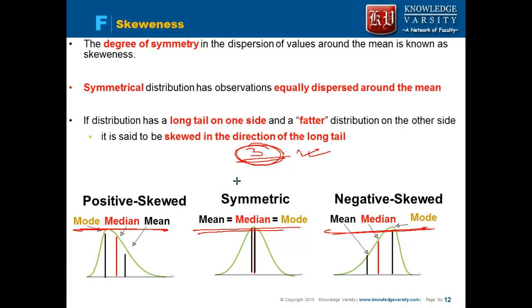Then you see that this is a long tail and this is a fatter tail. In a positively skewed distribution, the long tail is on the right side of the mean. In a negatively skewed distribution, the long tail is on the left side of the mean, and the fat tail is on the right side of the mean. So this is your skewness.